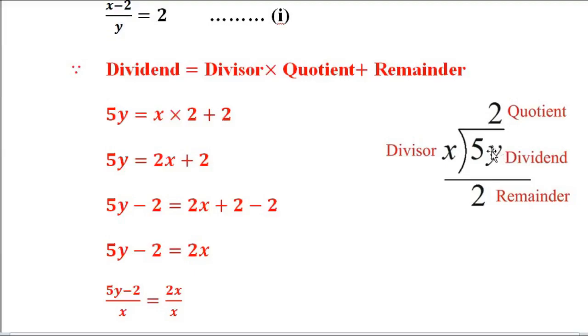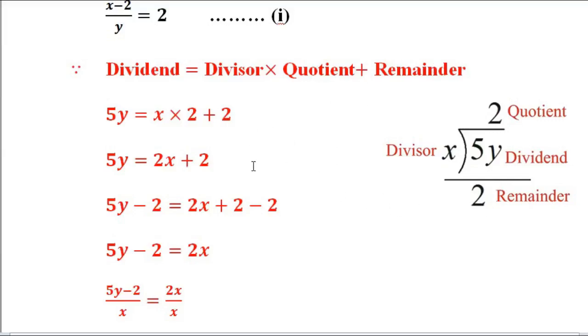If we divide 5y by the larger number x, the quotient and the remainder both equal 2 according to the statement. Using the formula dividend equals divisor times quotient plus remainder, we get 5y, which is the dividend, equals x, which is the divisor, times quotient 2 plus remainder 2.